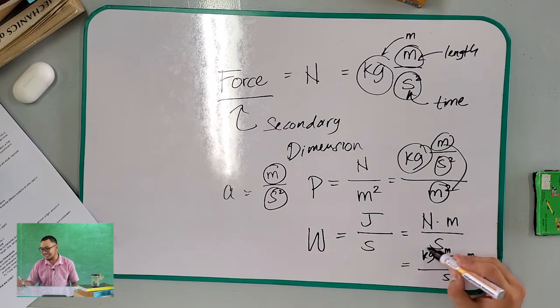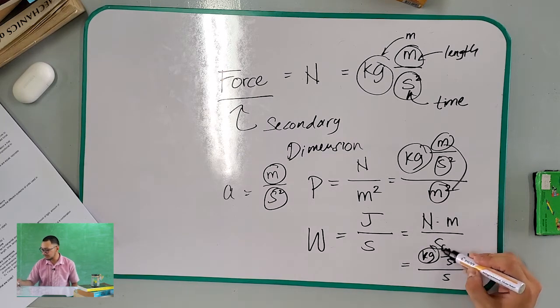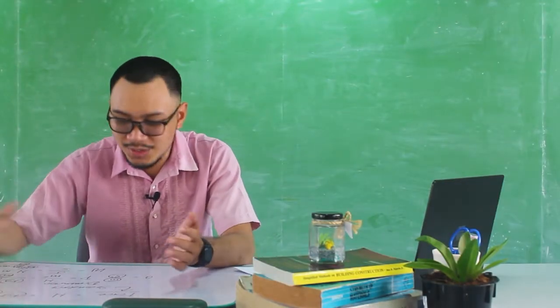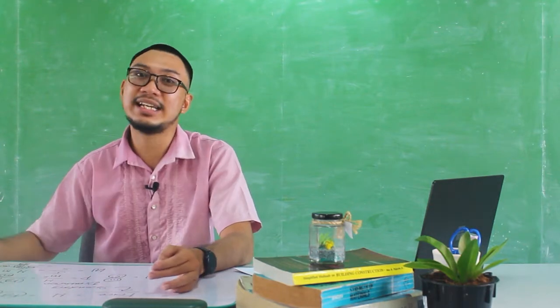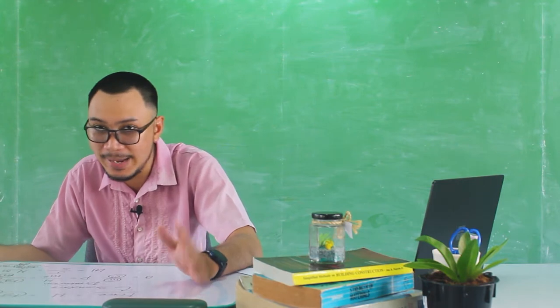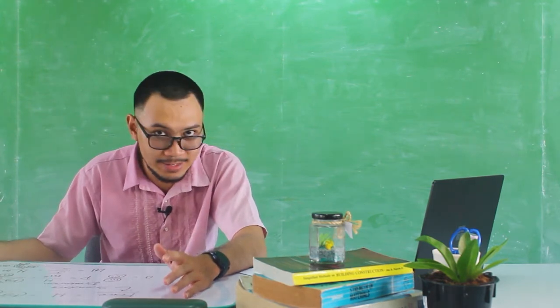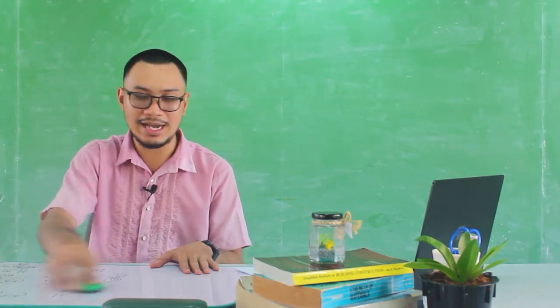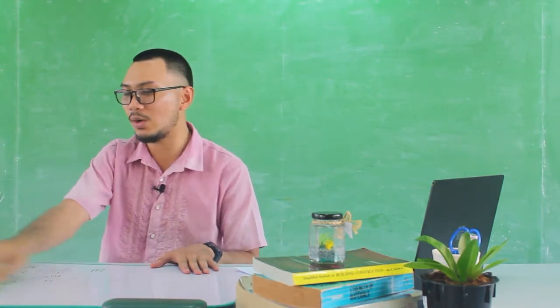So, still, it is derived from 1, 2, and 3 primary dimensions. So, all those I've said are secondary dimensions. So, they are based from the primary dimensions. Understood? Klaro na jud kayo ito.